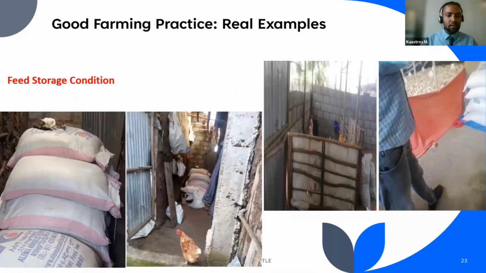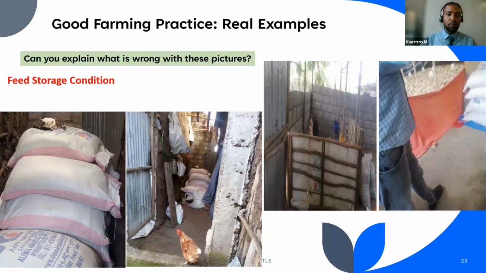And the other one is a feed storage condition. You may put your ideas. We have taken this picture in some of the poultry farms that we are assessing and also supporting regarding biosecurity and proper poultry production. As you can see, this is a feed storage condition.